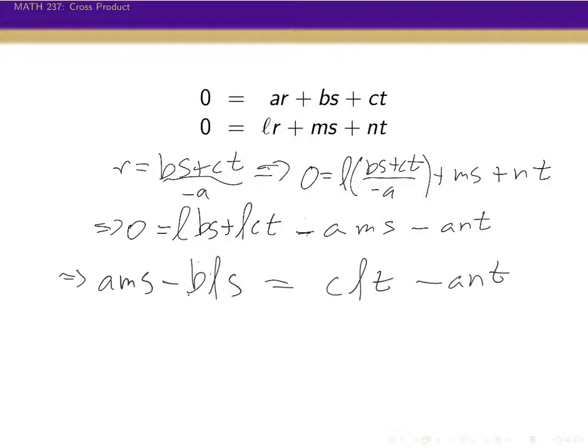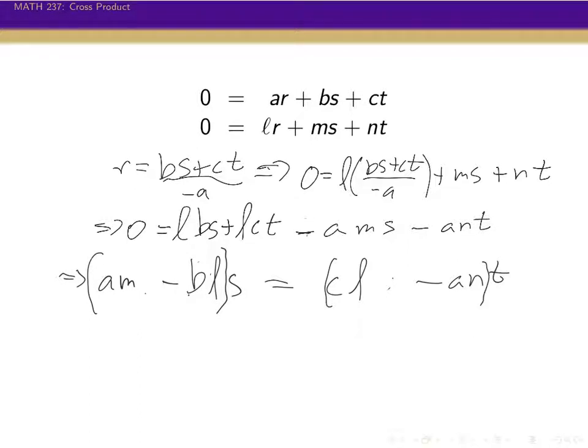Okay. And then on the left-hand side, I can factor out an S out of both terms. So let's do that. On the right-hand side, I can factor a T out from both terms.